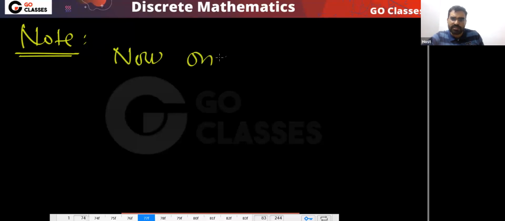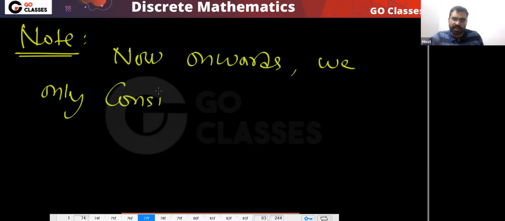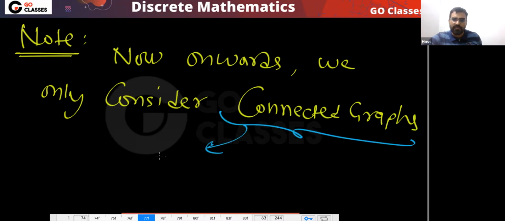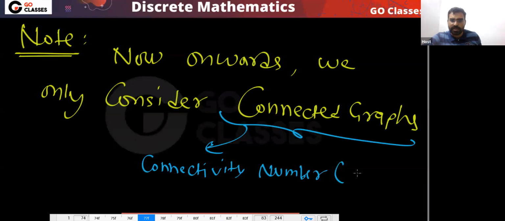All these concepts, like kappa, are for connected graphs. The connectivity number, this kappa, is defined only for connected graphs, remember.